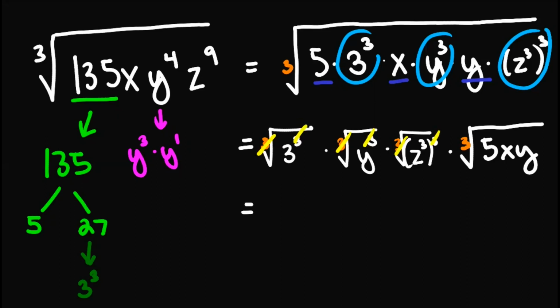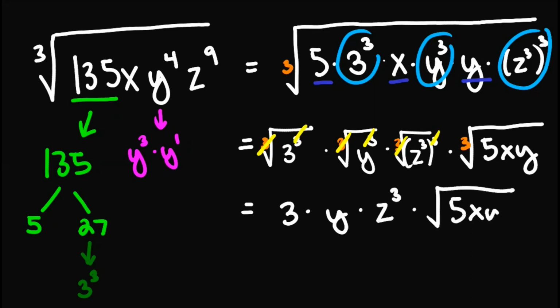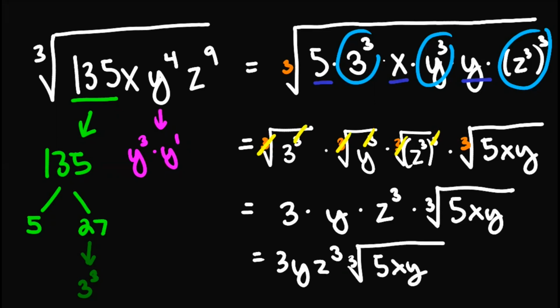So the answer will become 3 times y times z cubed times the cube root of 5xy, or simply 3yz cubed cube root of 5xy. Note that we can't simplify this anymore since the exponents inside are 1, so there are no perfect cubes anymore inside this radical.